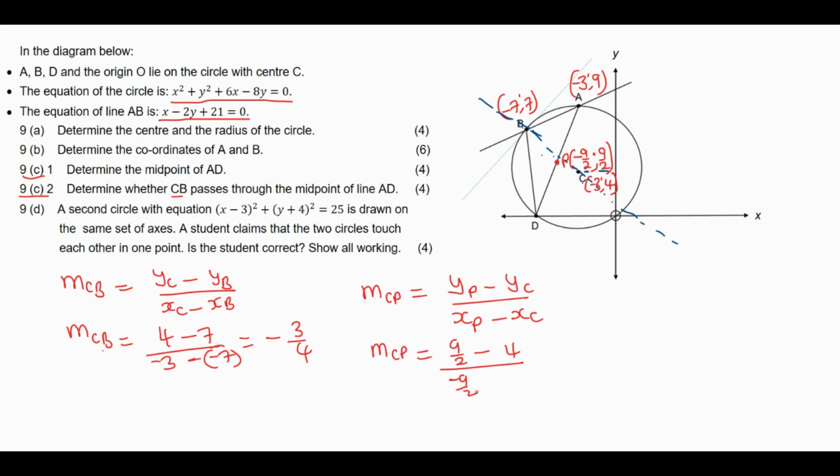You can even use negative 4.5, and then minus negative 3. Then the gradient is negative 1 over 3.